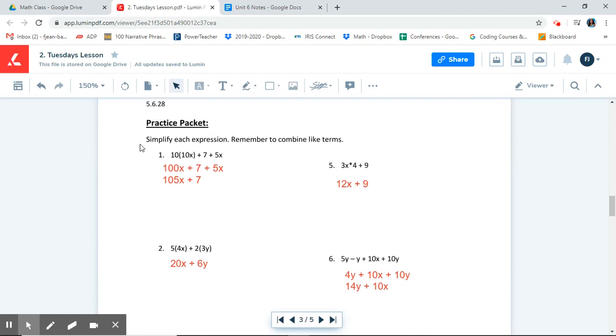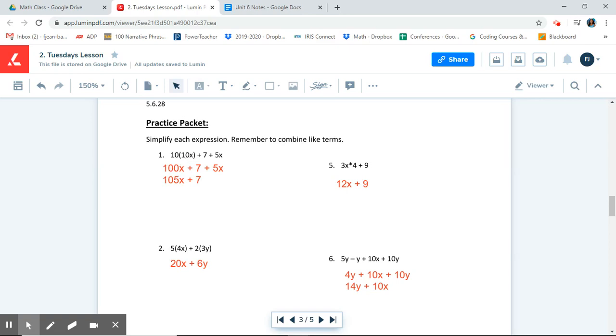For your practice packet, you are to simplify each expression and remember to combine like terms. So for number 1, we have 10 times 10x plus 7 plus 5x. First I'm going to multiply 10 times 10x and I get 100x.